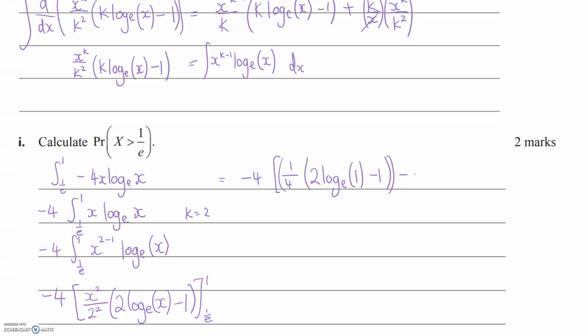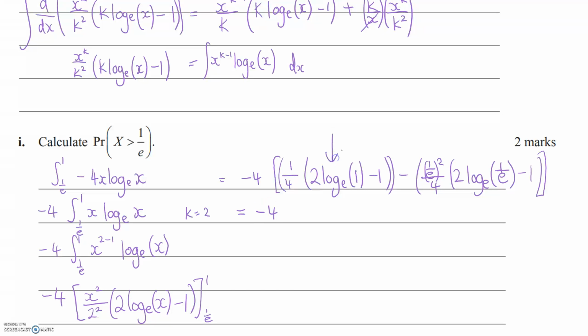This is going to take away 1 on e squared over 4 times by 2 log e to the 1 on e, take 1. Alright, so this whole thing's getting multiplied by -4 at the end. So I'm just going to keep that on the outside there for now.